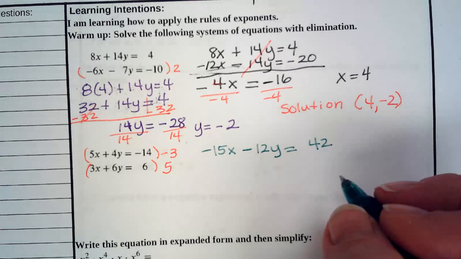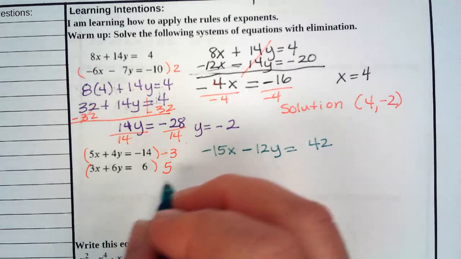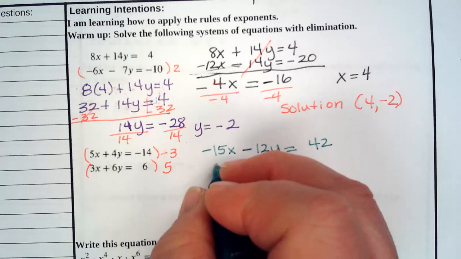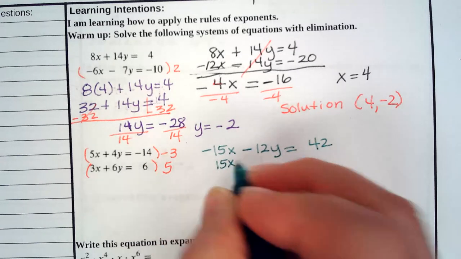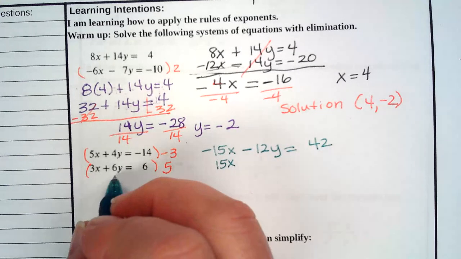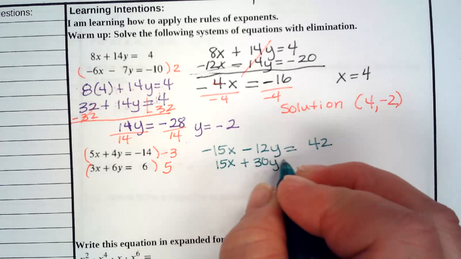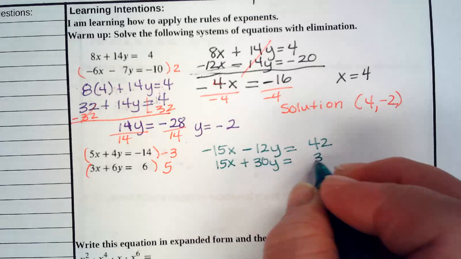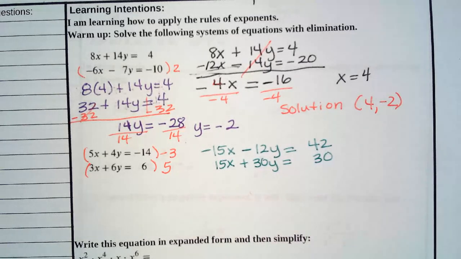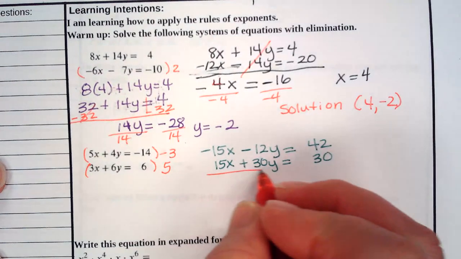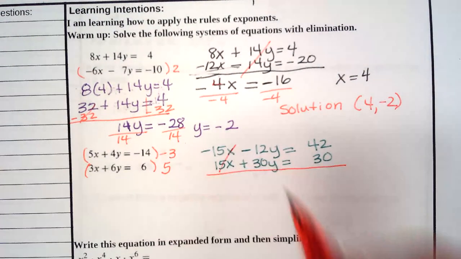I've scaled the first one. Now I'm going to multiply by 5. 5 times 3 is 15, so that's 15x. 5 times 6y is 30y, is equal to 30. Okay, draw the line straight down. It's gone.